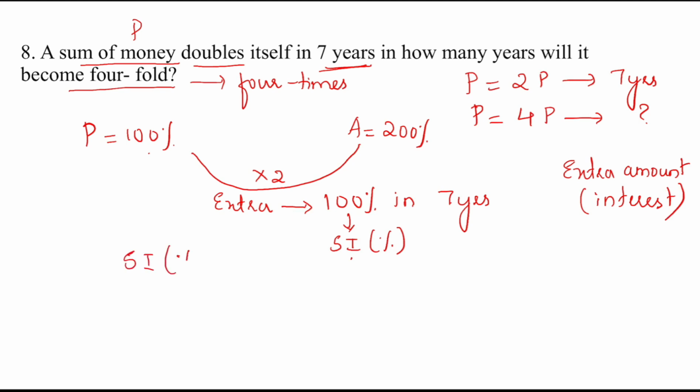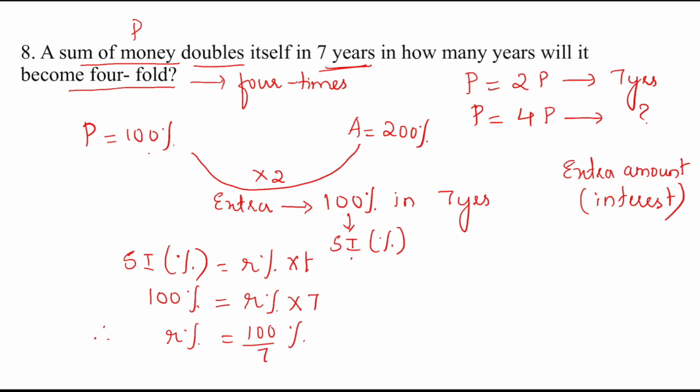SI in terms of percentage is equal to R% into T. We know SI is 100%, R% we don't know, and time is 7 years. Therefore R% is equal to 100 divided by 7%. This is for 1 year.